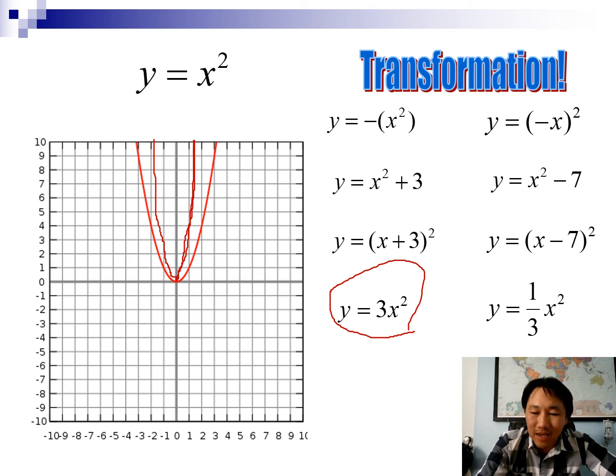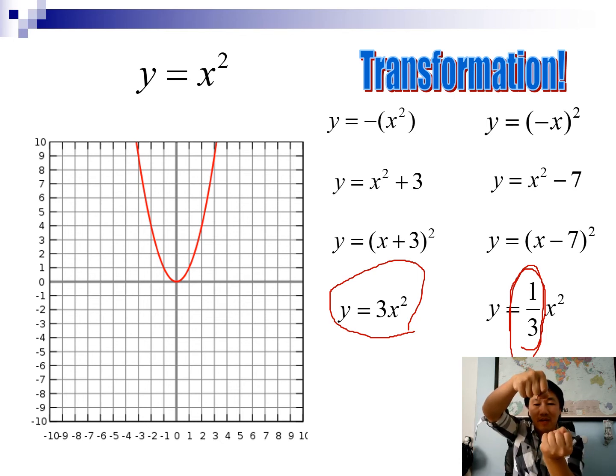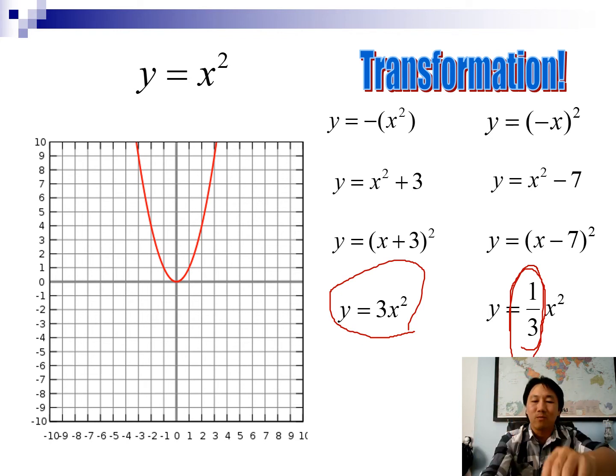And then I see the next example came up too. What happens when it's a fraction or when you divide by a number? Hopefully your guess would be that it would get wider. The same thing with the mathematical term: if you take a rubber band and squish it, push it down, the rubber band would become wider.